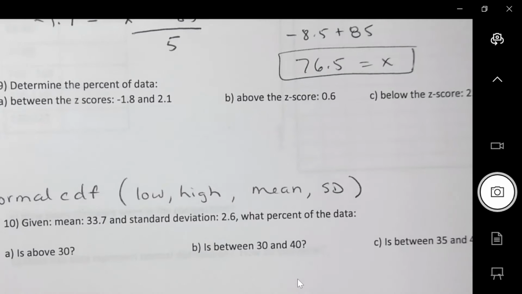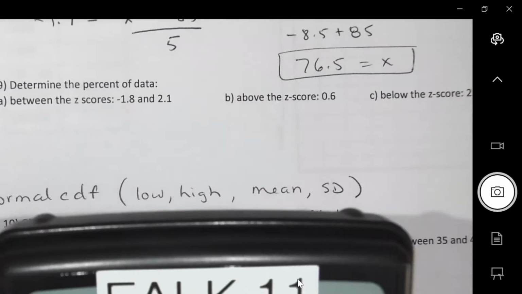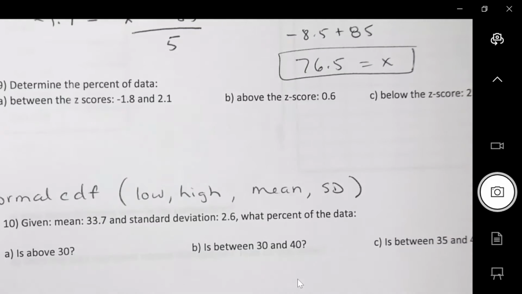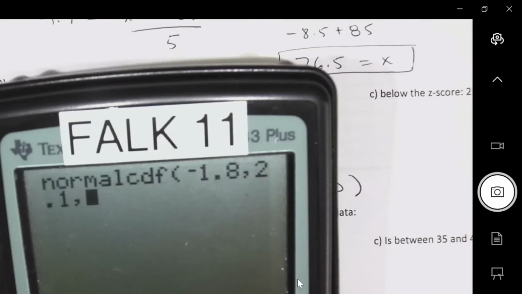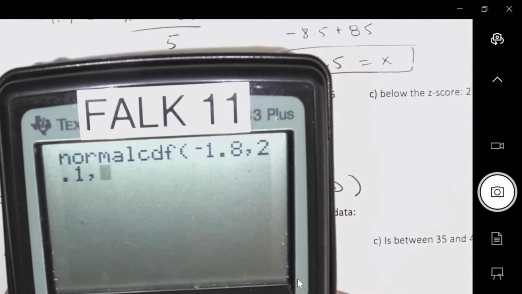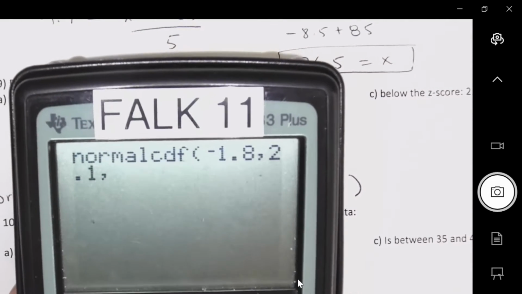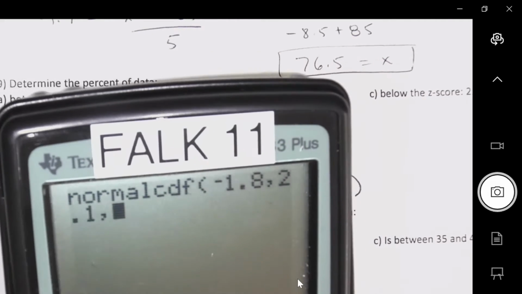Remember how that would always work? Normal CDF, low, high, mean, standard. So my low is negative 1.8. My high is 2.1.